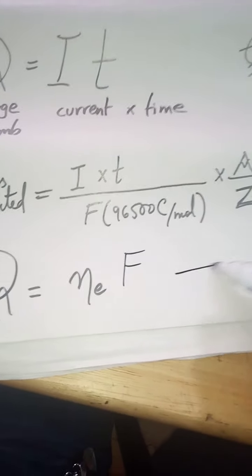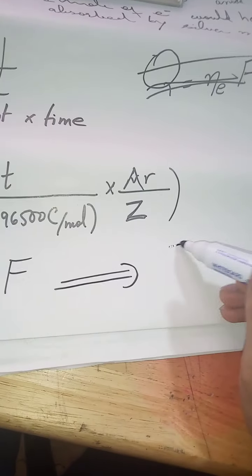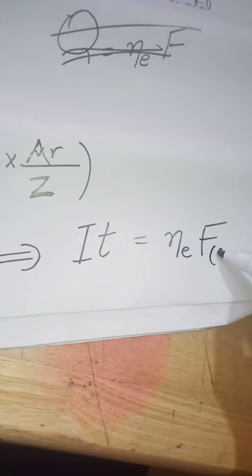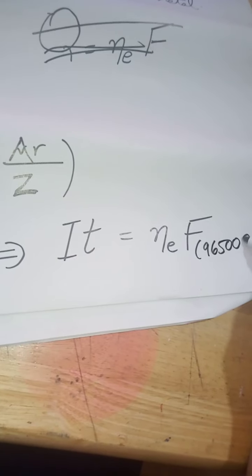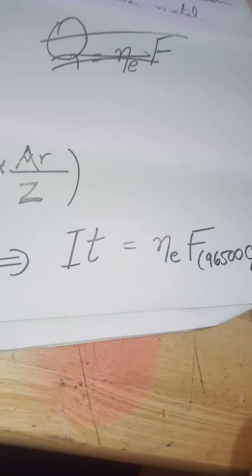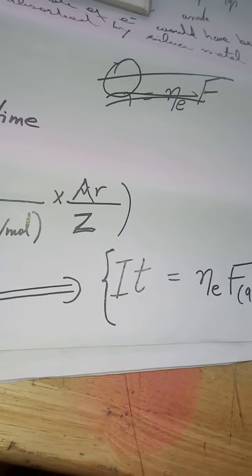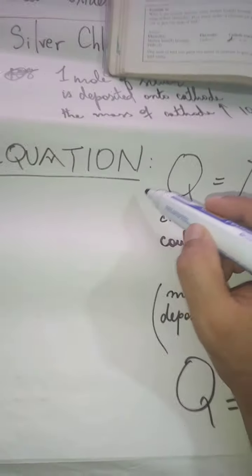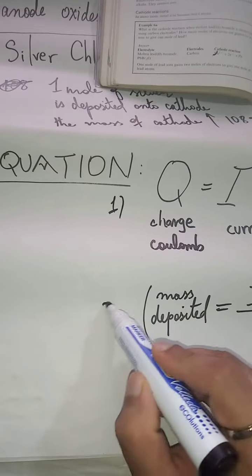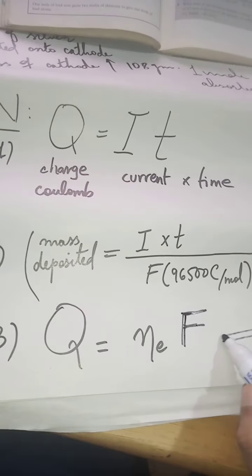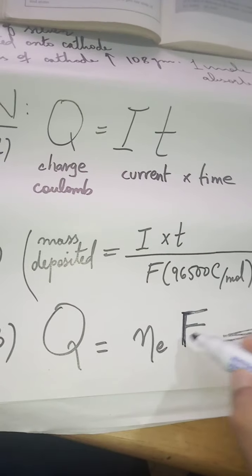So if we simplify the equation, that'll be IT equals number of moles of electrons times the Faraday constant, which is 96,500 coulombs per mole. Yes, so that's what you have to understand. Now you've got the first equation, which is very, very simple. Second equation, and then the third equation. So the capital F or the uppercase F here would mean Faraday's constant.